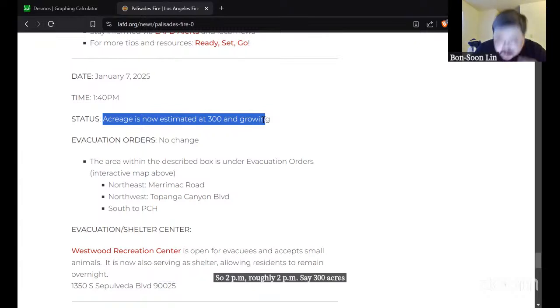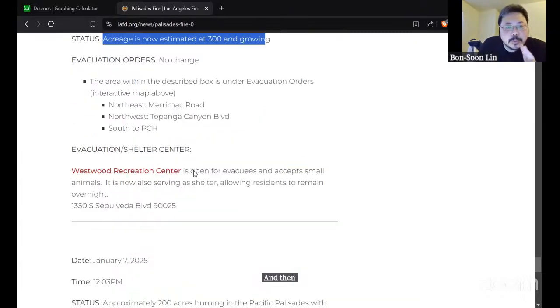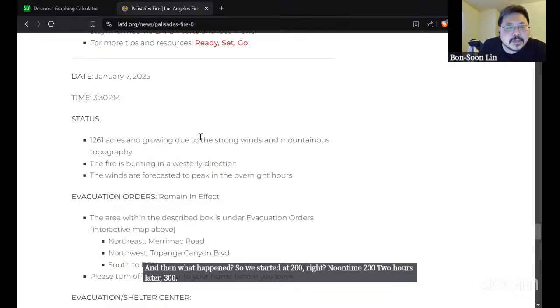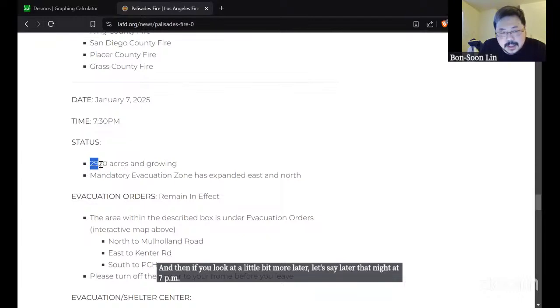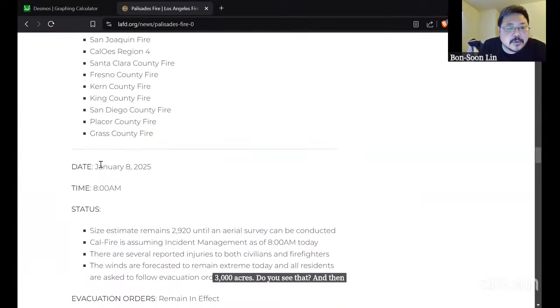I'm just writing down on my note. We started at 200, noontime, 200, 2 hours later, 300. And then a little bit later that night, at 7 p.m., 3,000 acres. You see that? And then the next day, yesterday morning, still about 2,000.